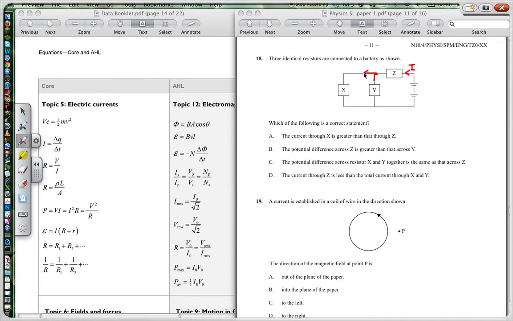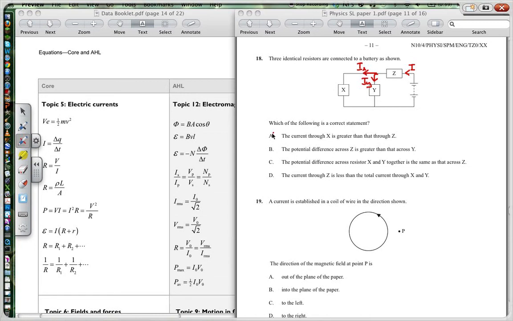So you're going to have a current divided between the two, IX and IY. IX plus IY would equal I, the total current there.